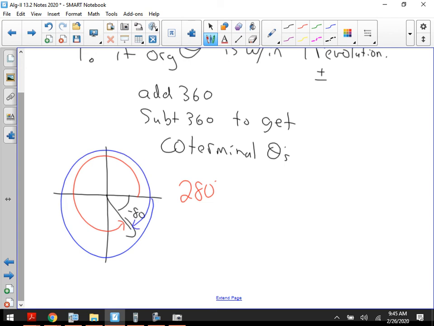It would be negative 440, right? Negative 80 minus 360 is negative 440. So there's your positive, there's your negative. Even though you started negative, you still have a positive and negative coterminal angle. Since that original angle was within 1 revolution, all I have to do is add and subtract, and I'm right at the same spot.